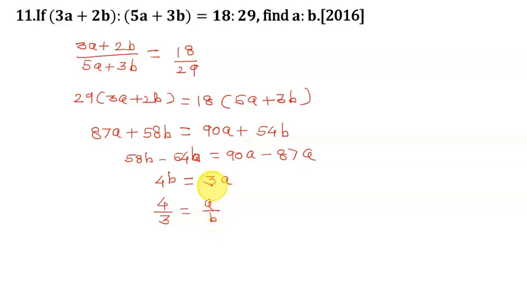Transfer this 3 to the left hand side and b to the right hand side. Then you will get a upon b is equal to 4 upon 3, or a as to b is equal to 4 as to 3. Okay, and this is the answer.